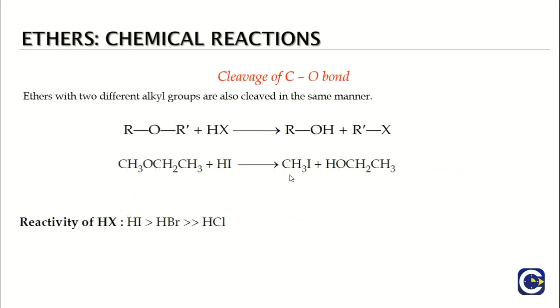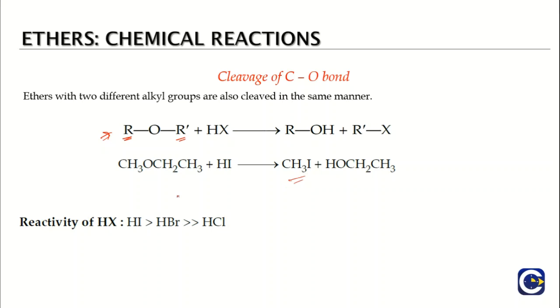Now, ethers with two different alkyl groups. Here we have shown an example. In the previous cases the examples were symmetrical ethers. This is an example of an asymmetrical ether, which has two different R groups: R is one alkyl group, and R dash is a different alkyl group. In this reaction we also get different products.